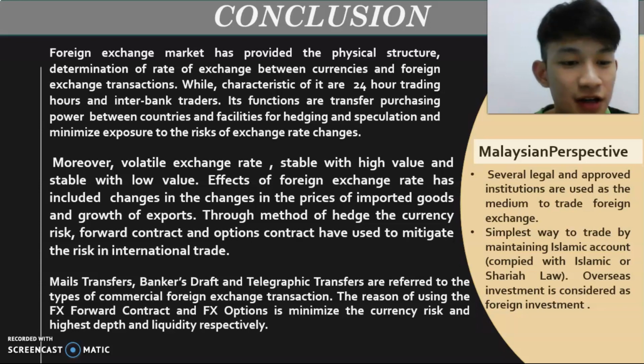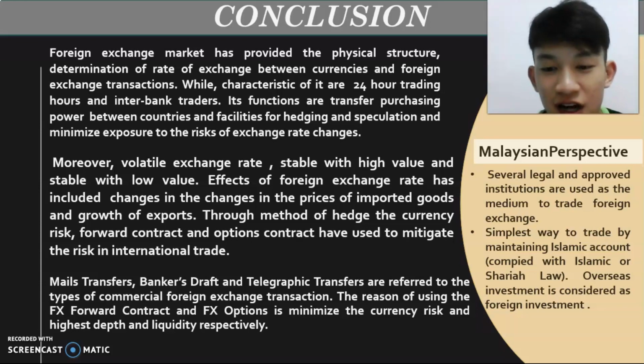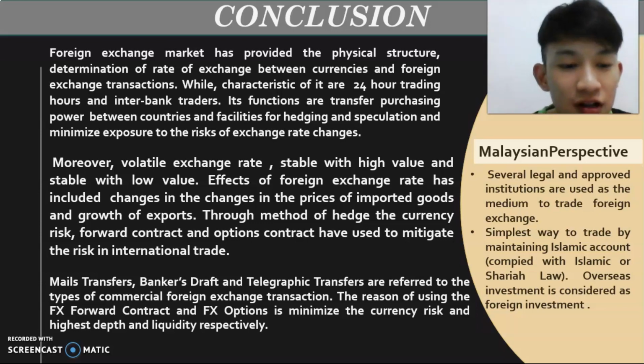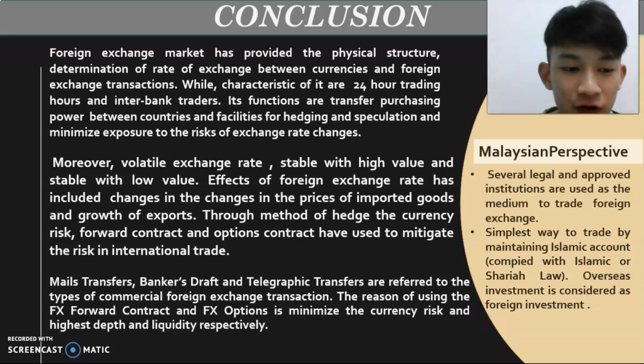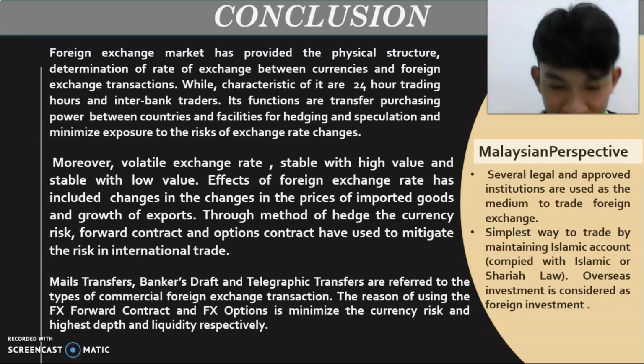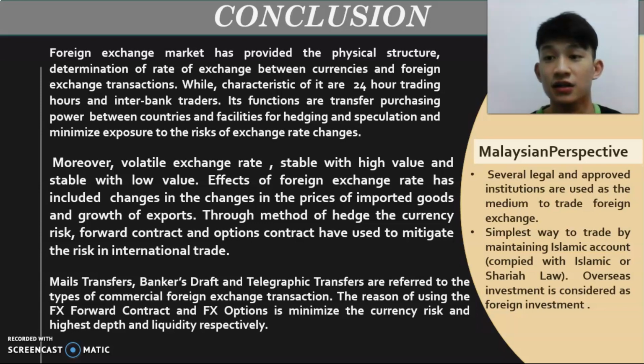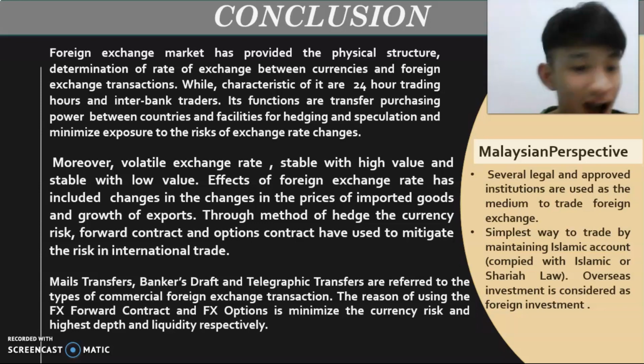Mail transfers, banker's drafts, and telegraphic transfers are also referred to as types of commercial foreign exchange transactions. The reason for using the foreign exchange forward contract and foreign exchange option is to minimize the currency risk and credit and liquidity risk respectively.